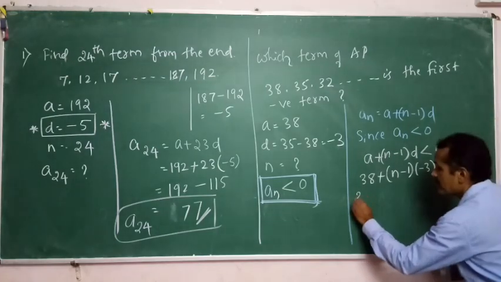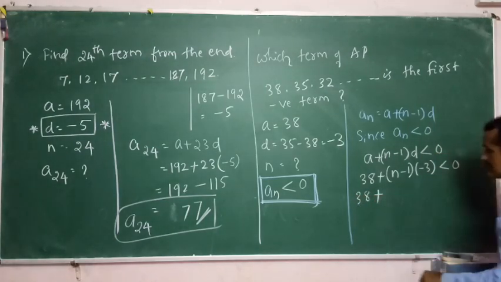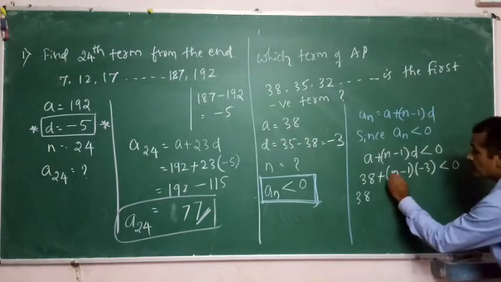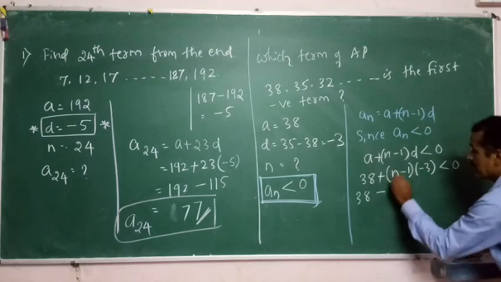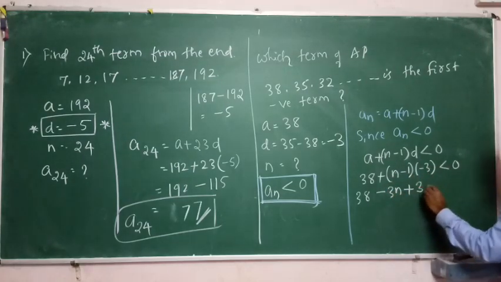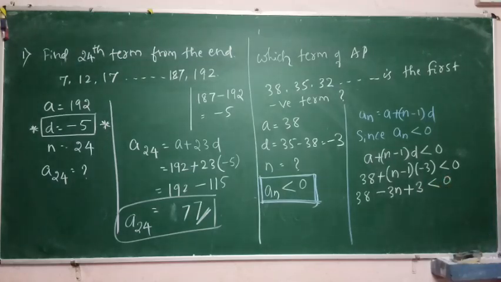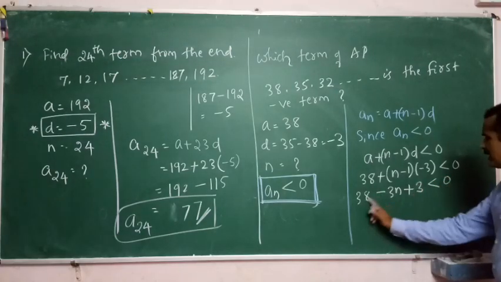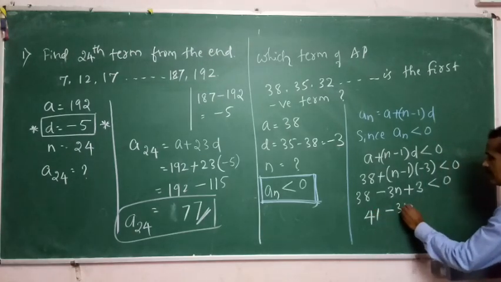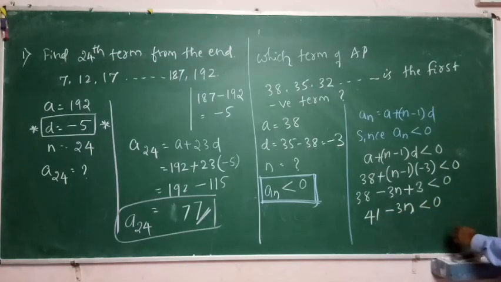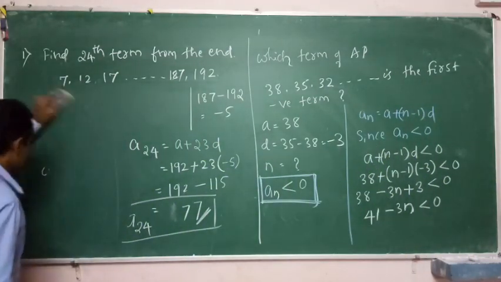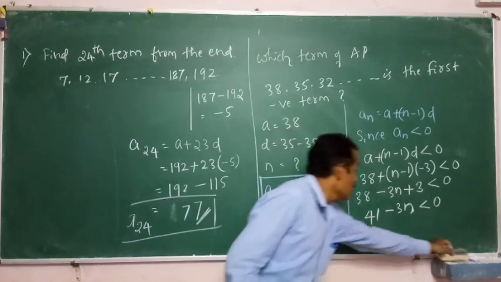38 plus, open the bracket. Minus into plus is equal to minus, it is 3n. Minus into minus is equal to plus 3, less than 0. 38 plus 3 is 41. 41 minus 3n is less than 0.